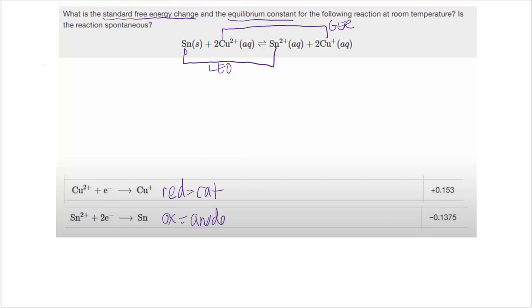So to find my Ecell, I'm going to do cathode minus anode. So 0.153 minus my anode, negative 0.1375.